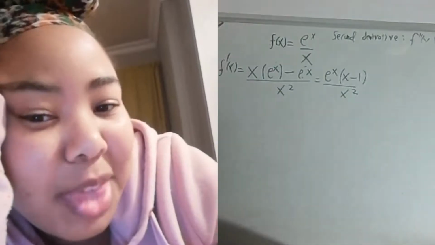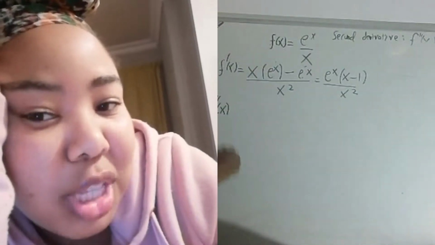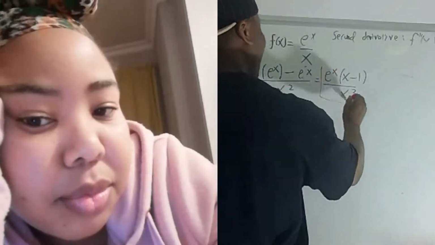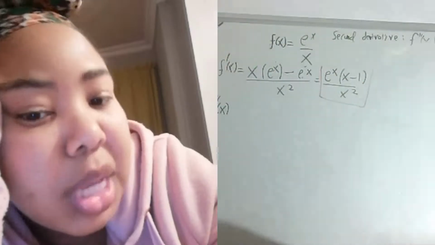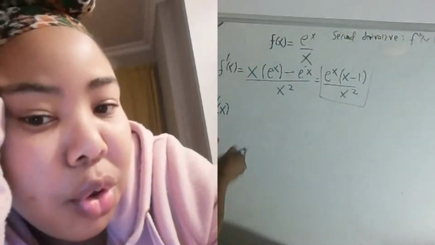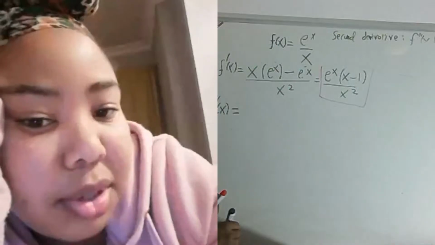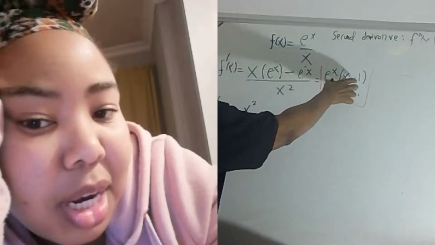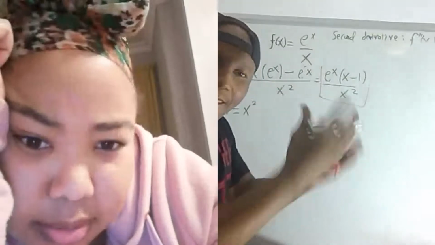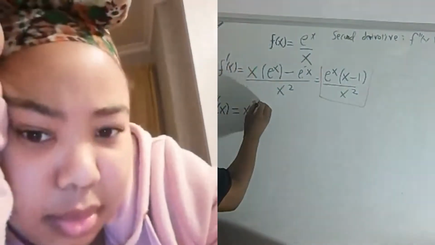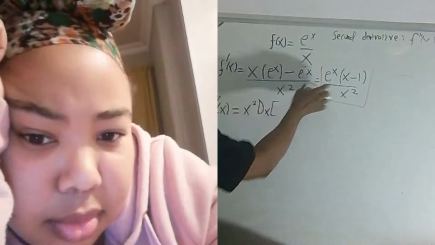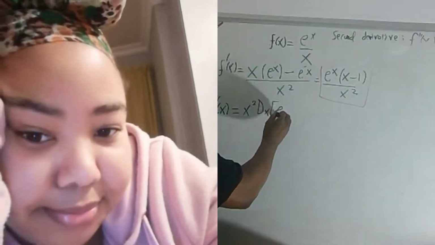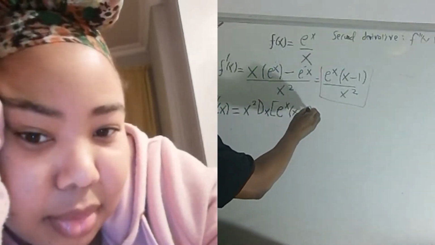So now we have to do the same thing, but to the new function that we have. What is this? This is a quotient. Now we go. Your x squared is going to be constant, so the denominator is constant, and then we differentiate the numerator, which is e to the power x bracket x minus 1.